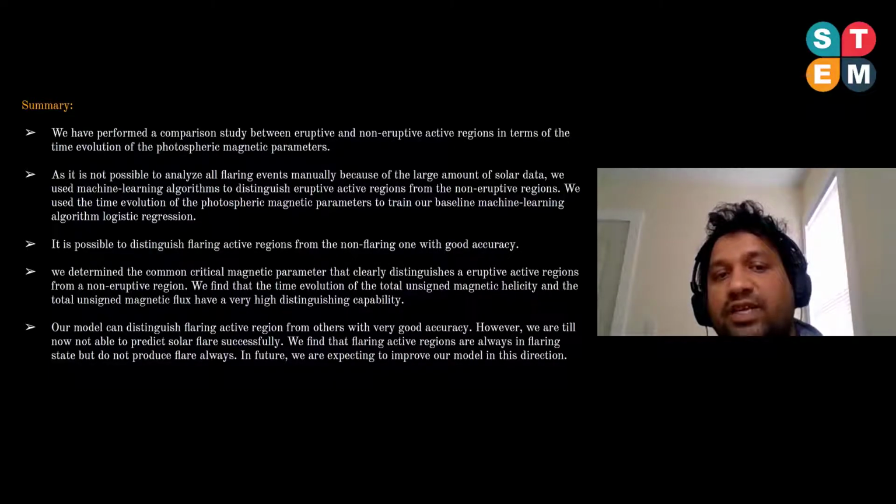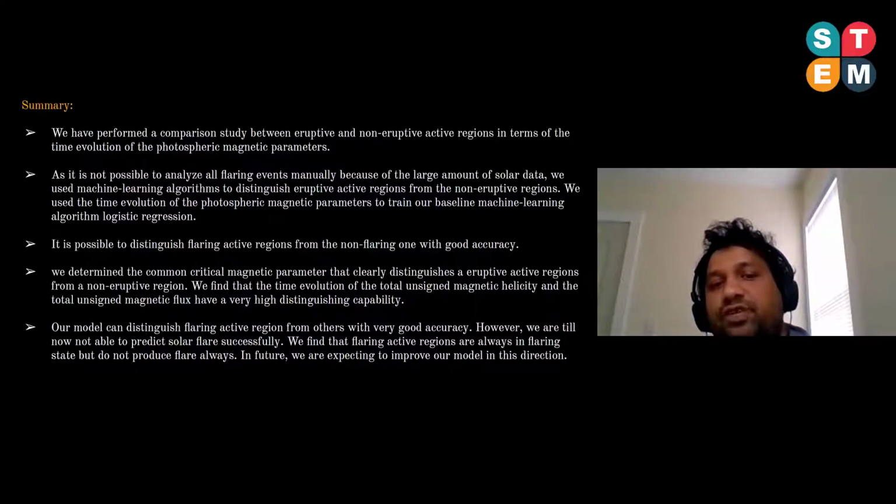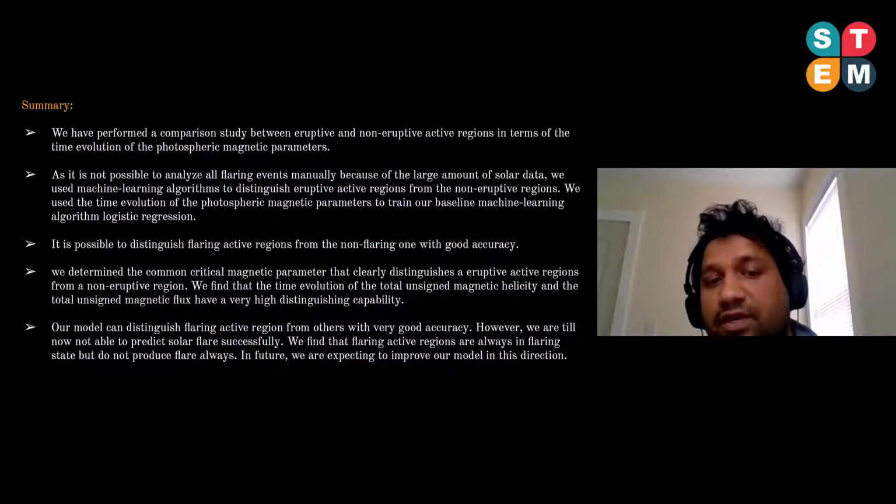And we determine the common critical magnetic parameters that clearly distinguish flaring active regions from the non-flaring ones. And we find that the time evolution of total unsigned magnetic helicity and total unsigned magnetic flux have very high distinguishing capability. So in summary, our model can distinguish the flaring ones from the non-flaring with very good accuracy.